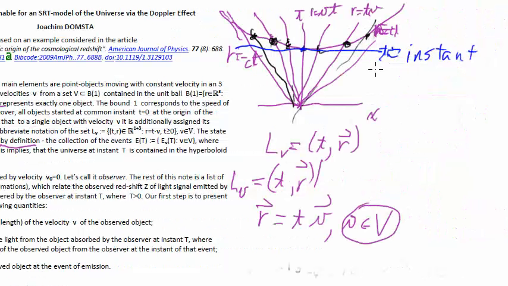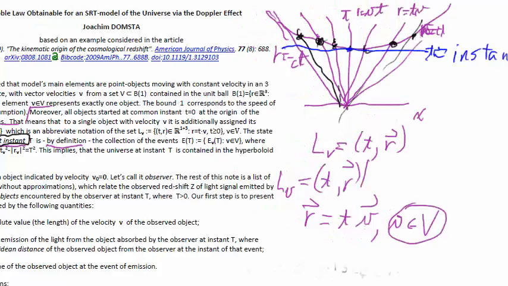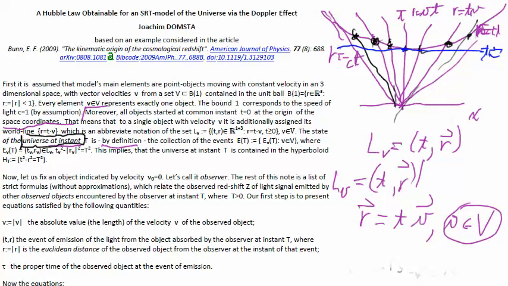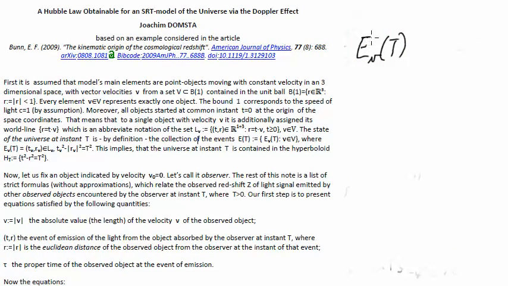If you were going to say there was an instant, you wouldn't use those things there. But I'm going to go ahead and use this for now, because we want to say he's giving the events of velocity v at instant t.